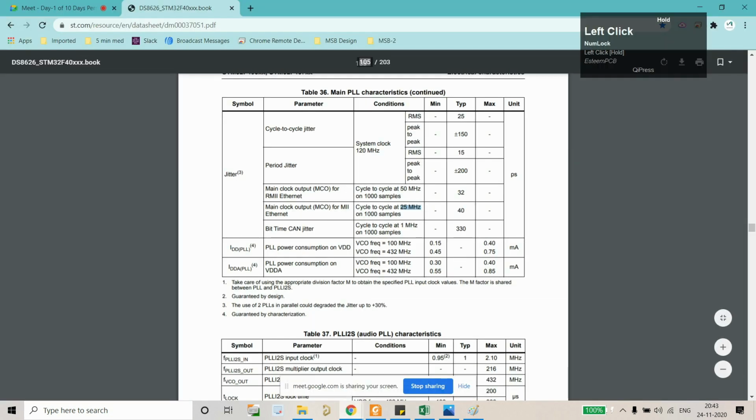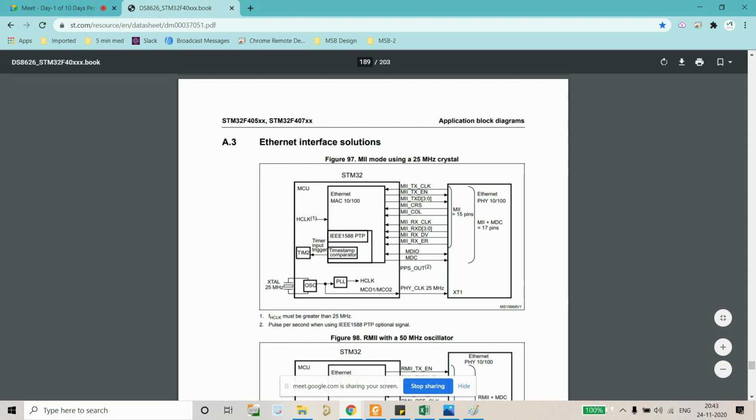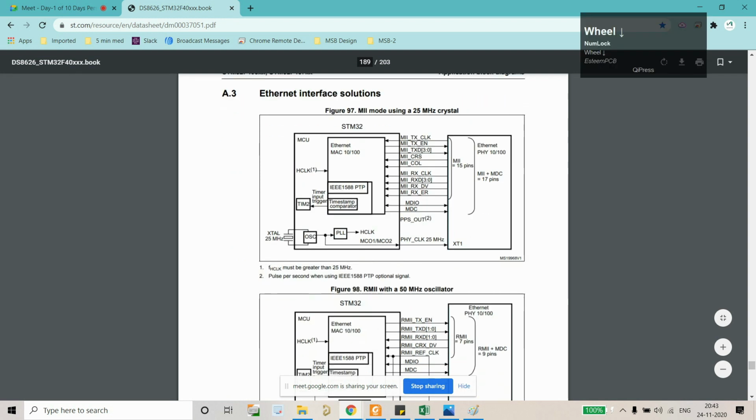So they have mentioned another block diagram in the data sheet. If we move to page number 189, yeah, this one. Here you can see for MII they have explained all the pins. So this is our PHY which is communicating with our main controller using these signal lines.